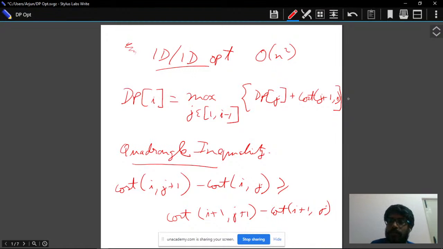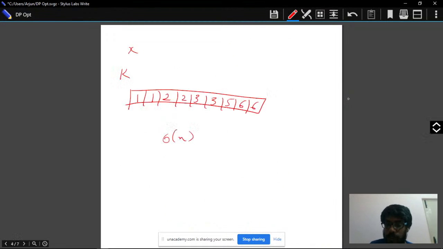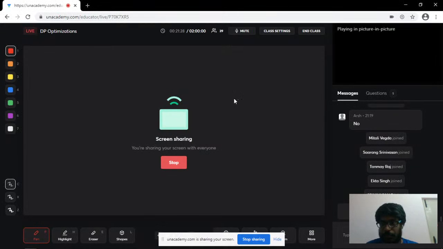I can find every dp of i in constant time if I have the k array. Of course, this k array is like a secret array which we don't know, and our job right now is to build this k array, implicitly, step by step. I hope it's clear till now.